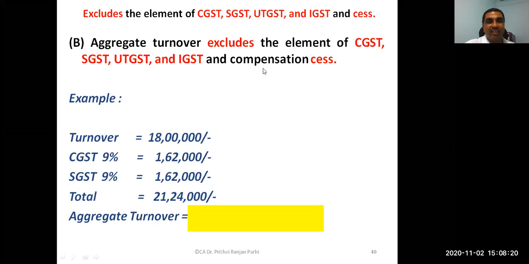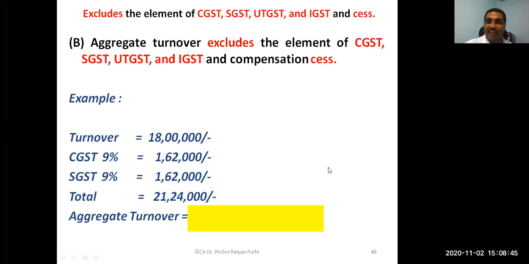Second concept is that when arriving at the aggregate turnover, it excludes CGST, SGST, UTGST, IGST, and cess. Let us say this is an example. Turnover is 18 lakh, CGST is 1,62,000, SGST 1,62,000. Total is 21 lakh 24,000.